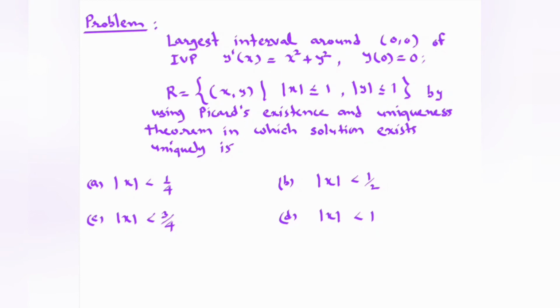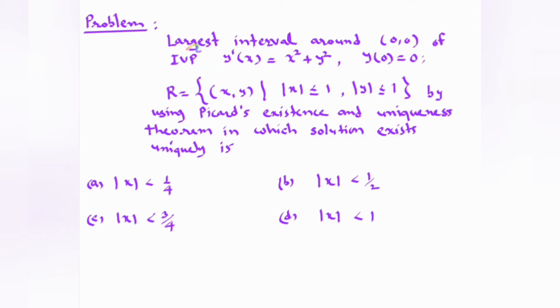To understand the concept more clearly, we will take another example. The problem: find the largest interval around (0,0) of the initial value problem y'(x) = x² + y², subject to y(0) = 0, where R is given by |x| ≤ 1 and |y| ≤ 1, by using Picard's existence and uniqueness theorem, in which the solution exists uniquely.